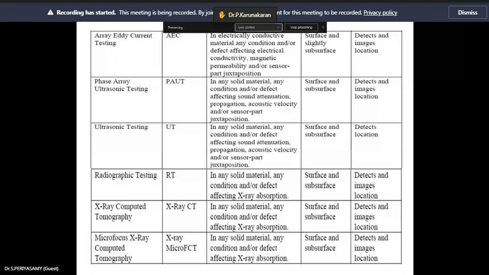Computer tomography is used. So you can identify the porosity and particle size. The images are improved by high resolution CT.